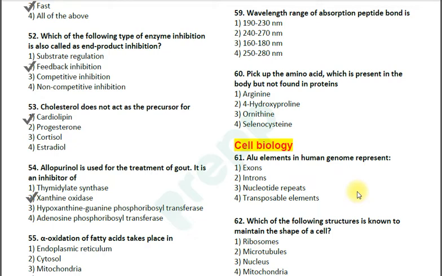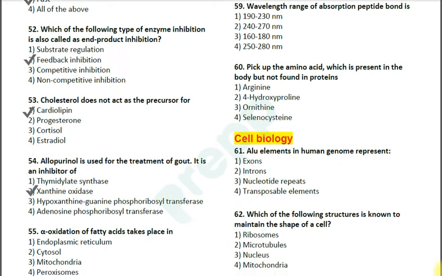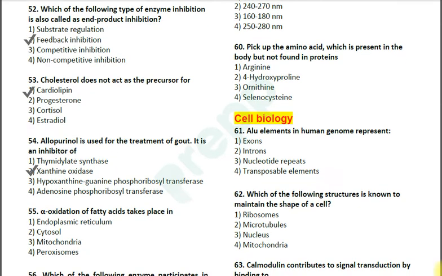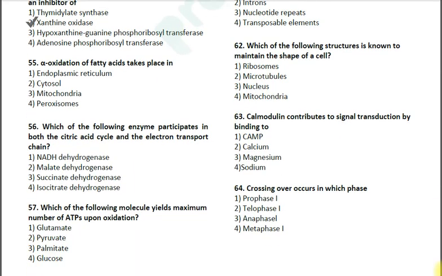Xanthine oxidase is the enzyme which converts the purine nucleotides to uric acid. Hence, an inhibitor of xanthine oxidase can be used for the treatment of gout. Gout is because of the excessive production of uric acid.